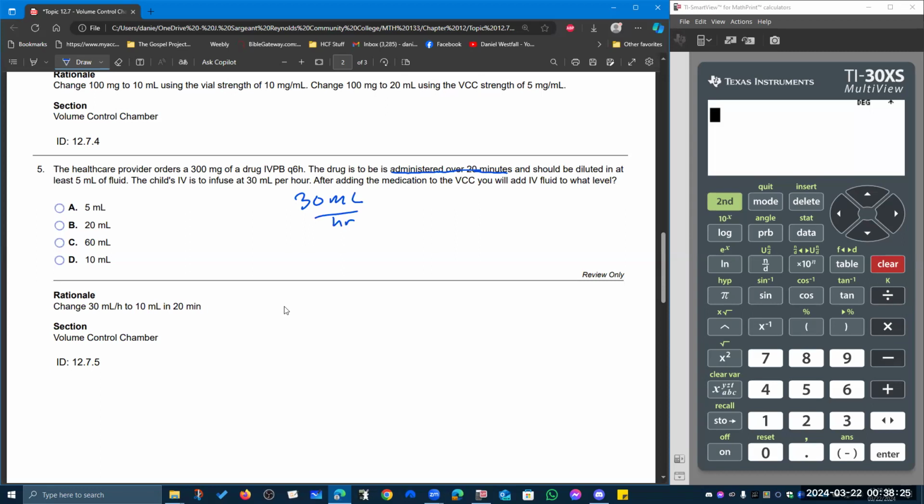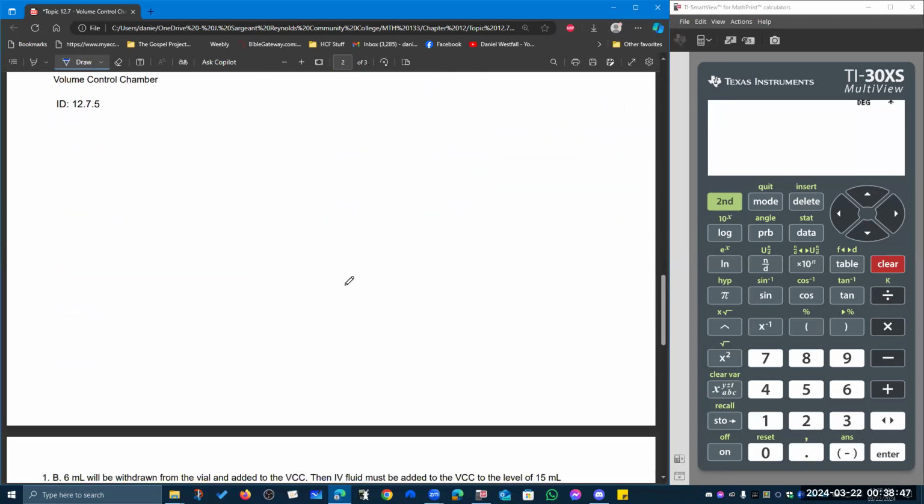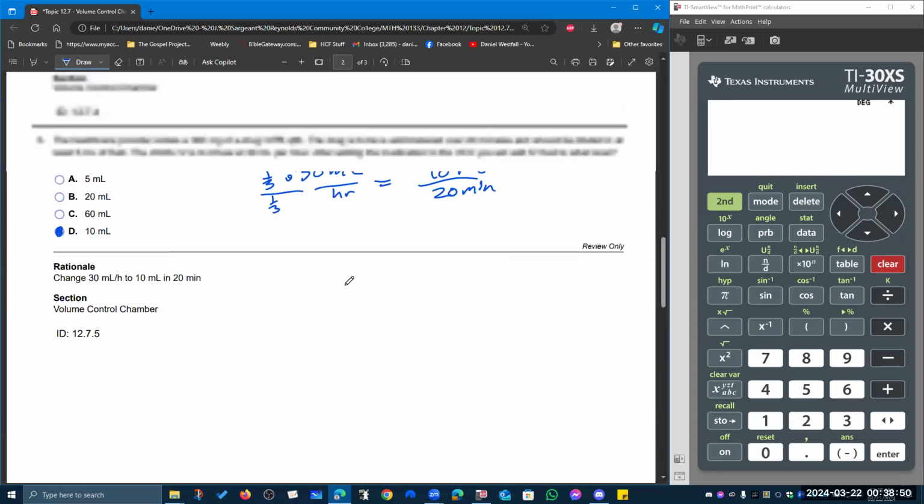I need a third of an hour, which is going to give me 20 minutes. So a third of 30 is 10 milliliters in 20 minutes. So I need to have 10 milliliters of fluid in the volume control chamber. All right, that is it.